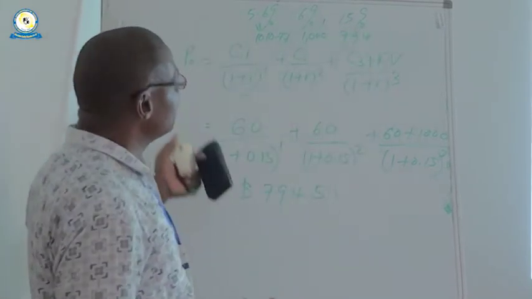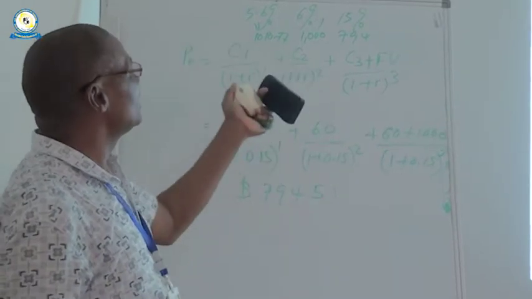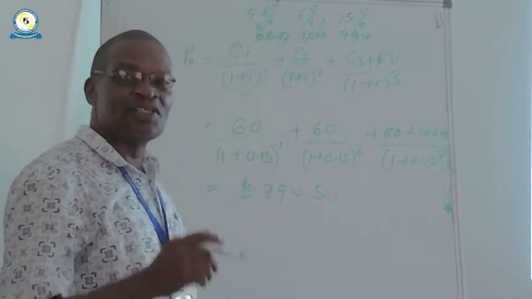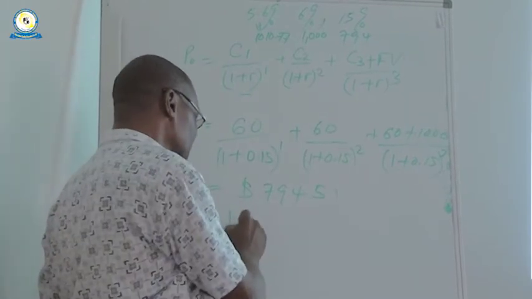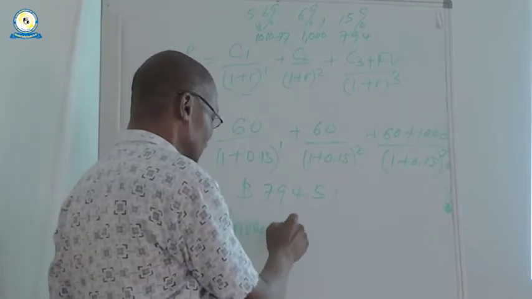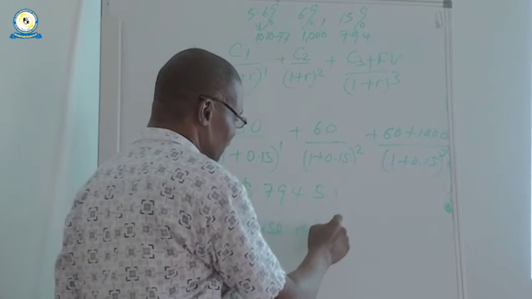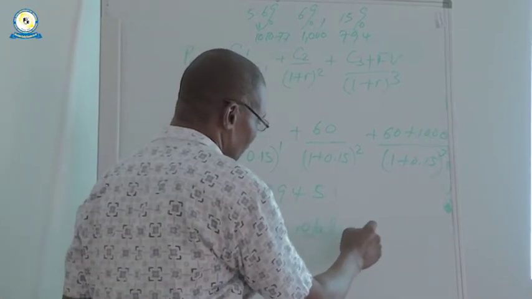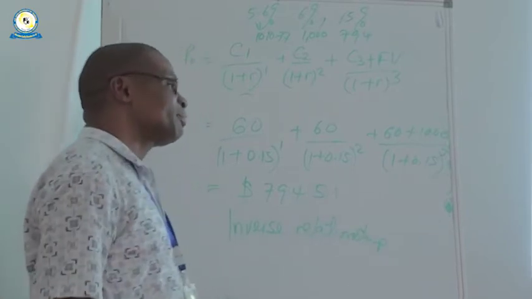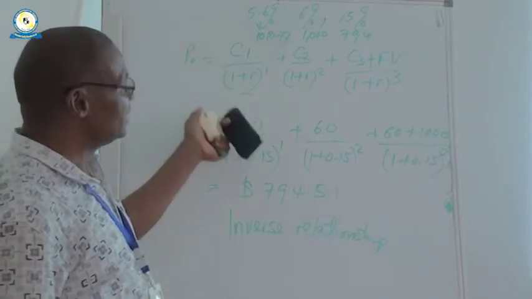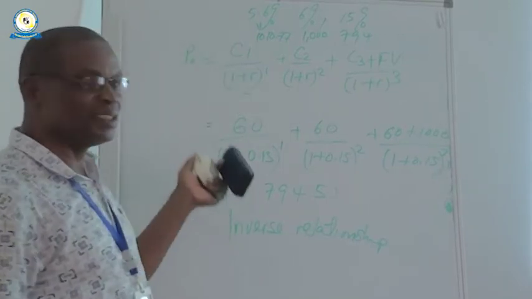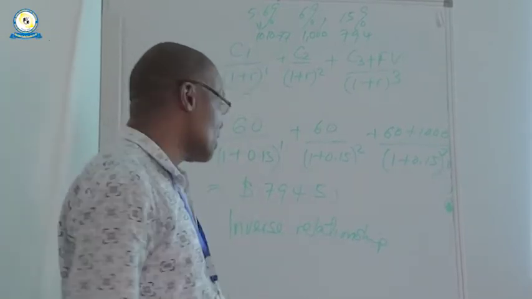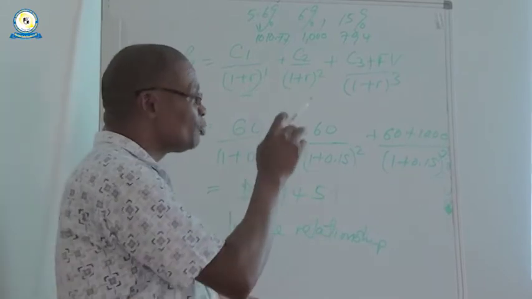It means as we increase the rate, the value is decreased. So there is an inverse relationship between the bond's rate of return and the price of the bond. That is what we can deduce from our valuation.